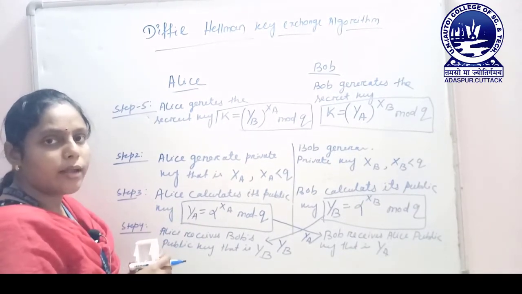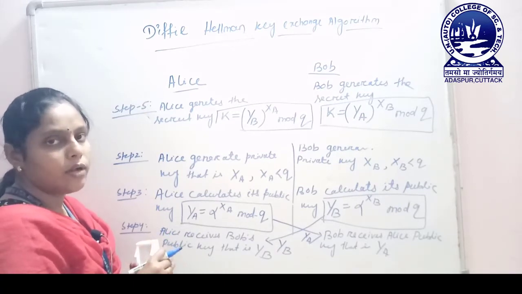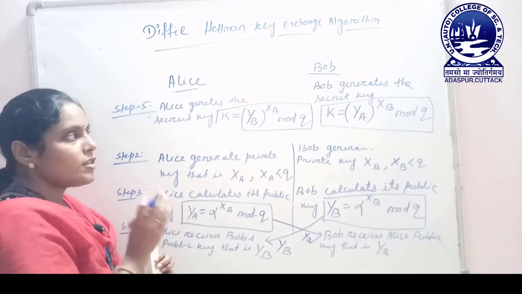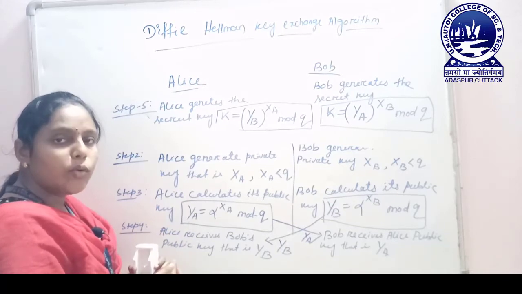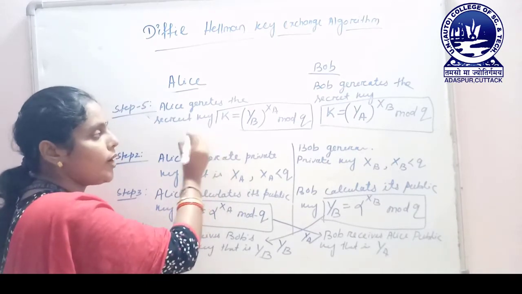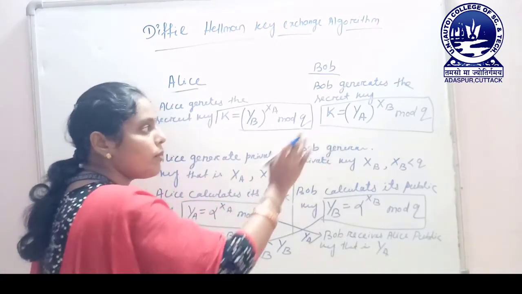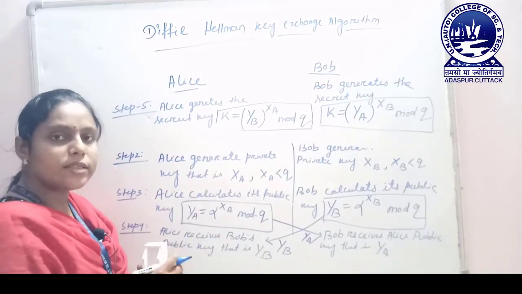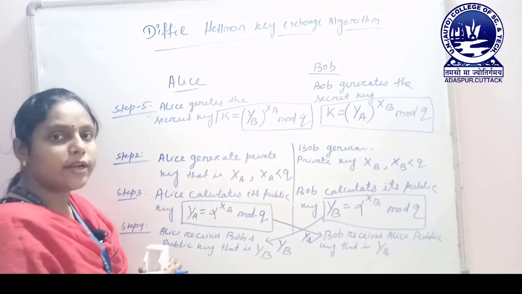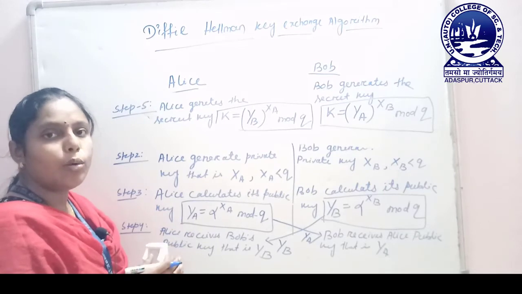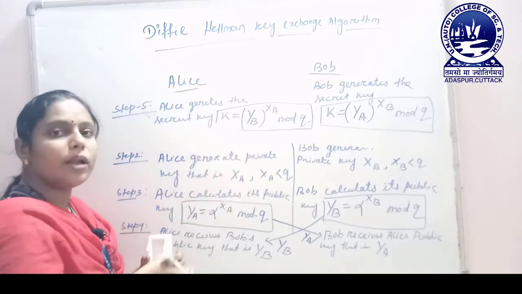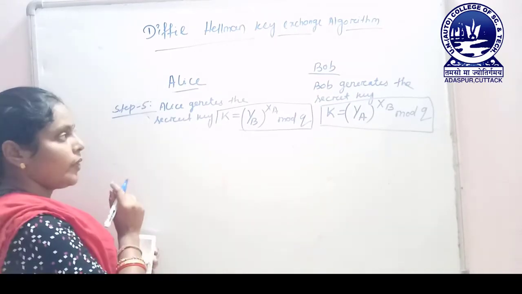That means in step 5, both sender and receiver generate the secret key. The secret key must be equal for both sender and receiver, which means the K value for Alice and the K value for Bob are the same. Then we can say that K is the secret key used for symmetric key encryption. Now look at the proof: how the K value generated by Alice is equal to the K value generated by Bob.